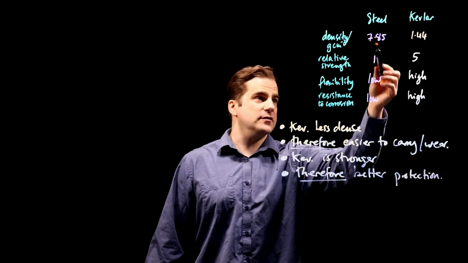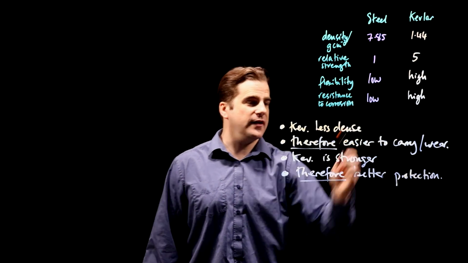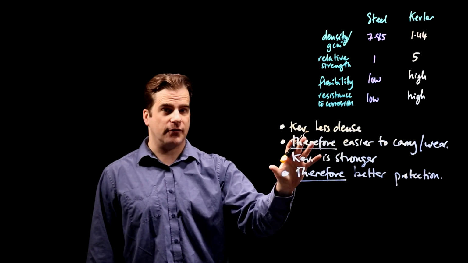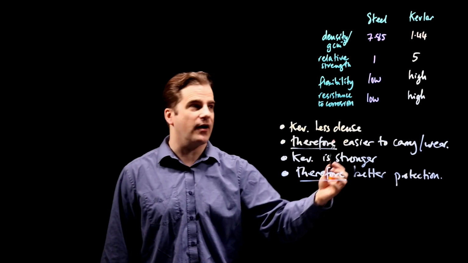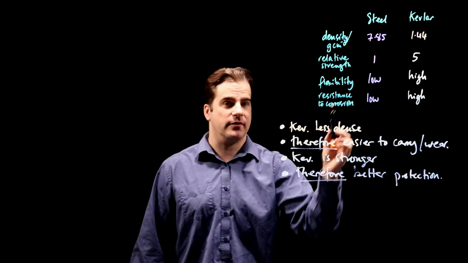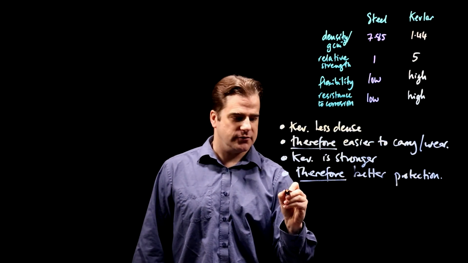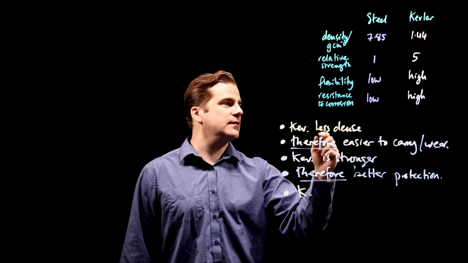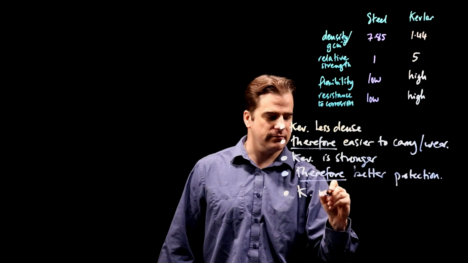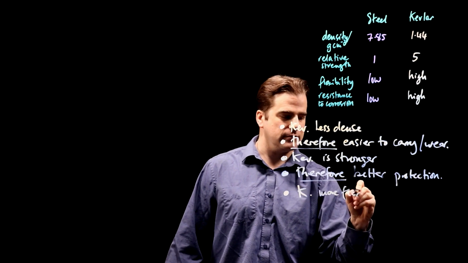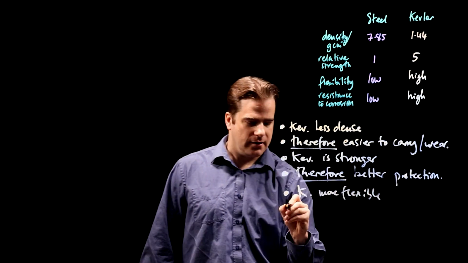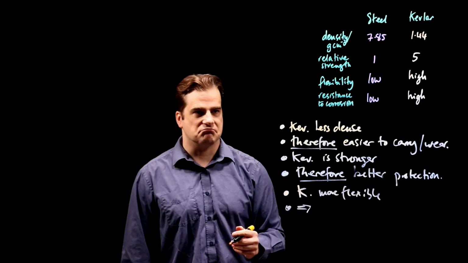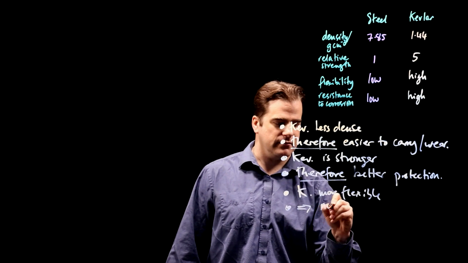But we could have also chosen either of these, okay? So we've answered the question, we've finished, we've got our 4 marks, but I just want to show you what you would write had you chosen this property or this one. Okay, I'm sure you get the idea. You just say Kevlar is more flexible, therefore it's more comfortable to wear.